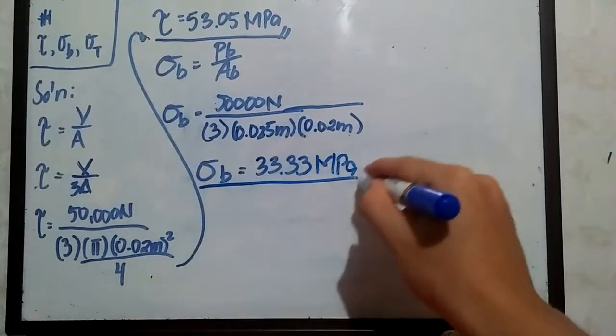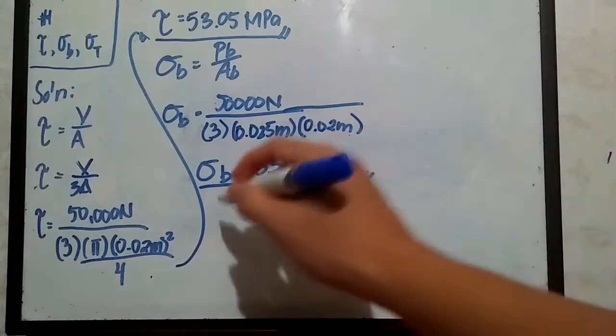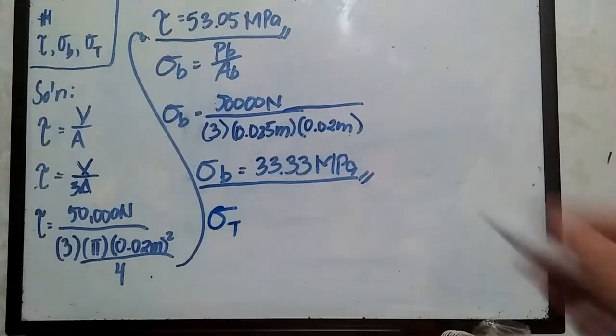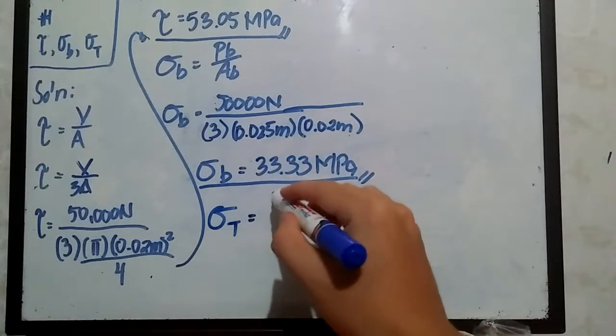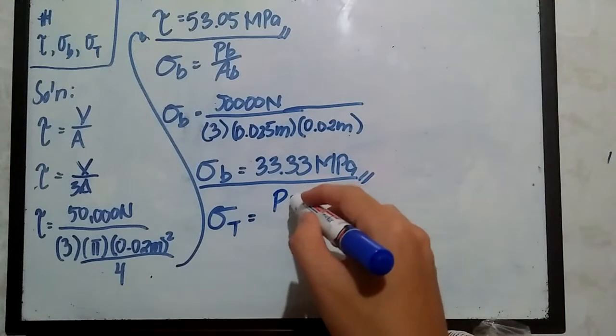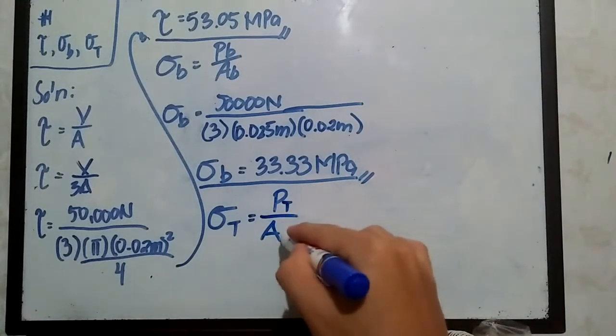So we managed to solve for the shear stress and the bearing stress. The last one for problem number 1 is to solve the average tensile stress for each plate. That should be sigma sub t for tensile, meaning we need the axial force P sub t divided by the area of influence.